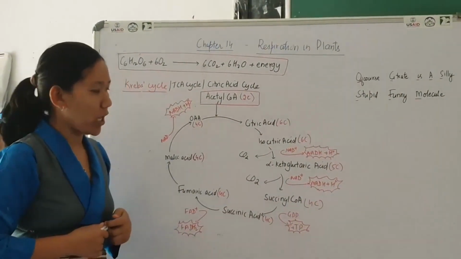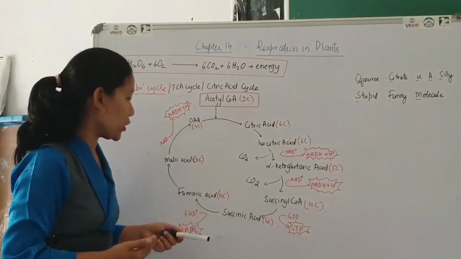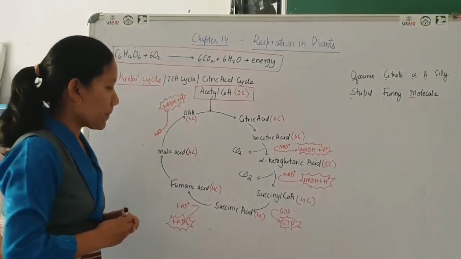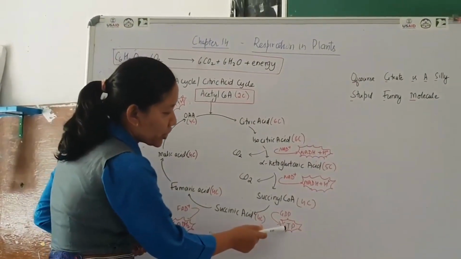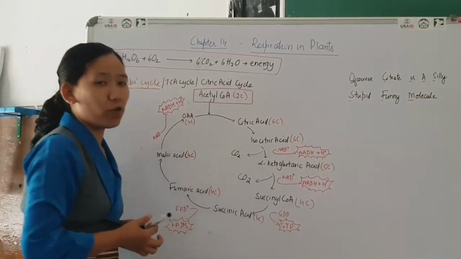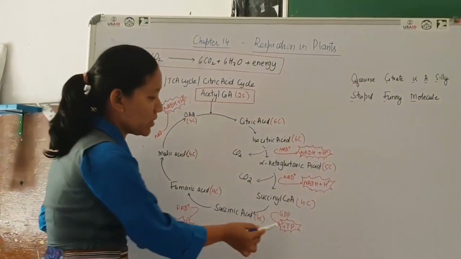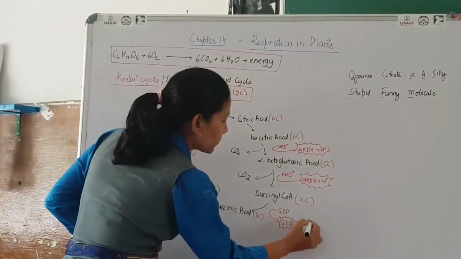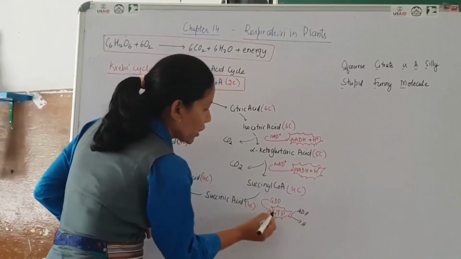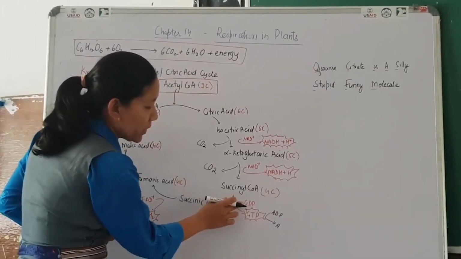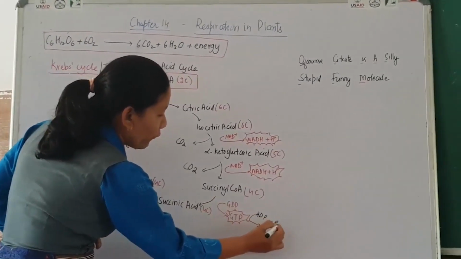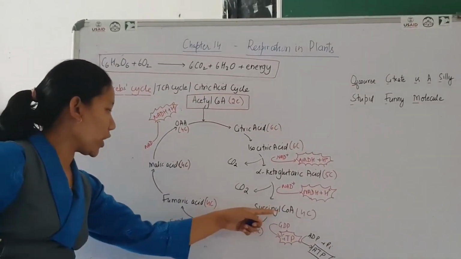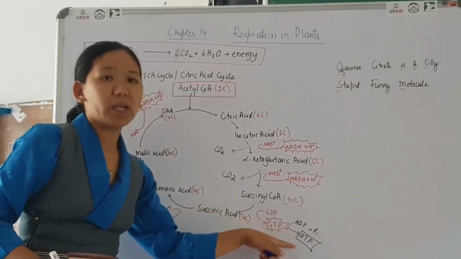And this succinyl-CoA again becomes a substrate for the next reaction, that is, it is changed into succinic acid, and in the process there is a formation of GTP from GDP, diphosphate. We have ATP, likewise there is a GTP, and the conversion of GTP back to GDP is coupled with the synthesis of ATP. So in a way you can say that from succinyl-CoA to succinic acid conversion, ATP is synthesized.